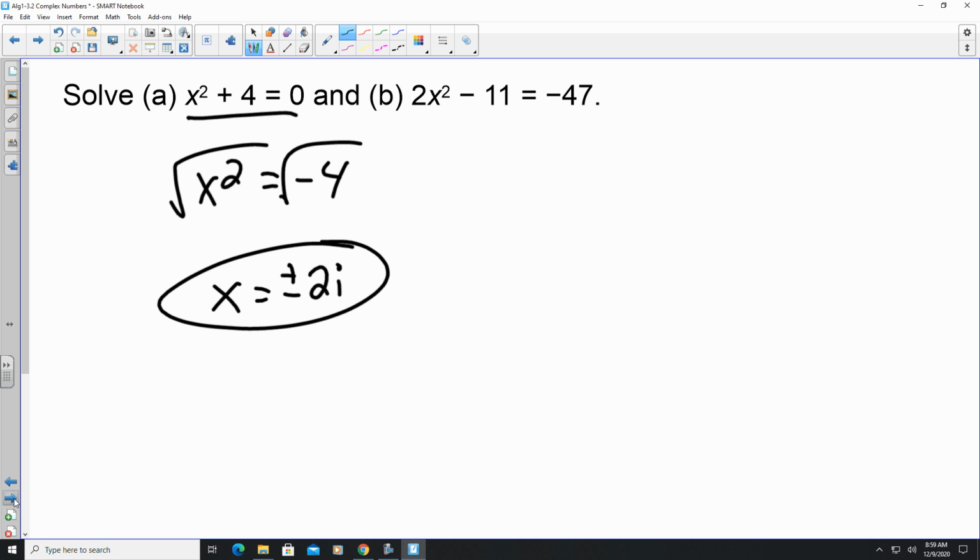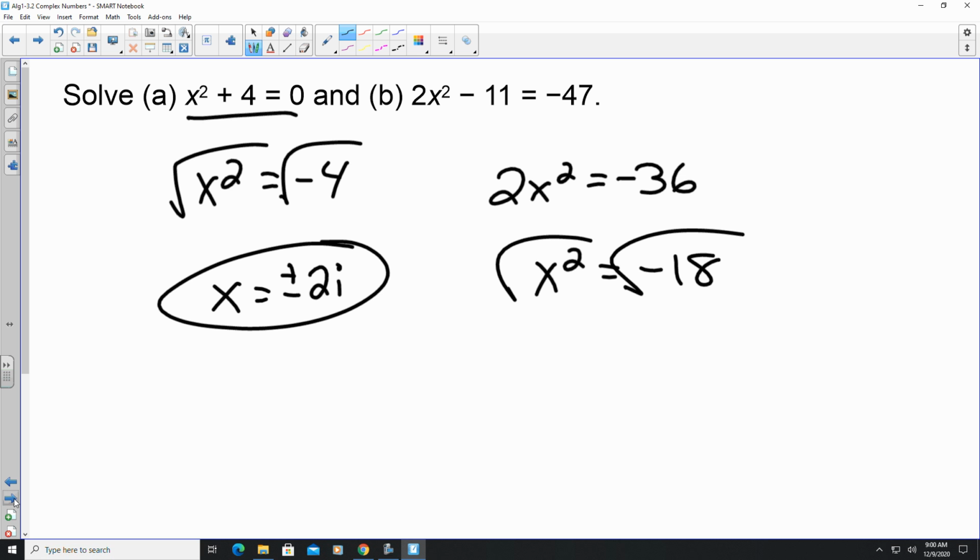If we look at B, I'm going to add 11. So negative 47 plus 11, now I got 2x squared is equal to negative 36. Divide that by 2, so I get x squared is equal to negative 18. Take the square root of both sides here, so the square root of x squared is x.